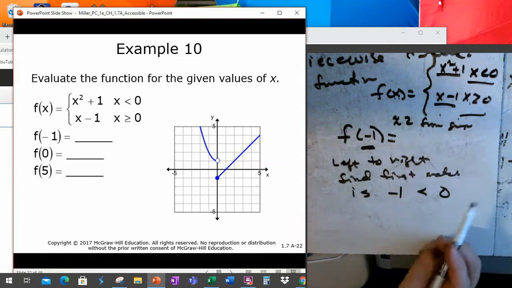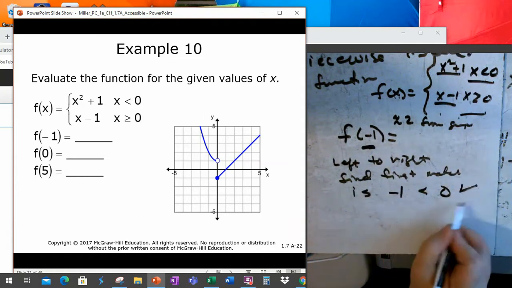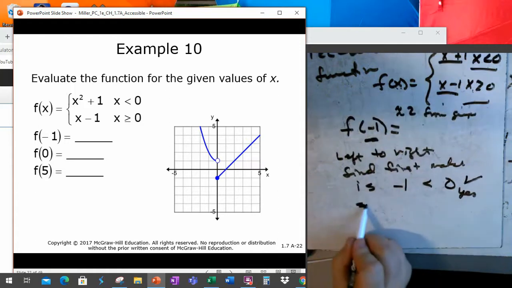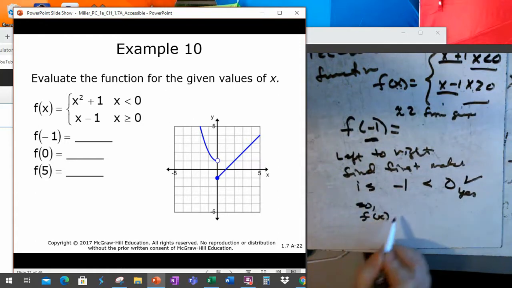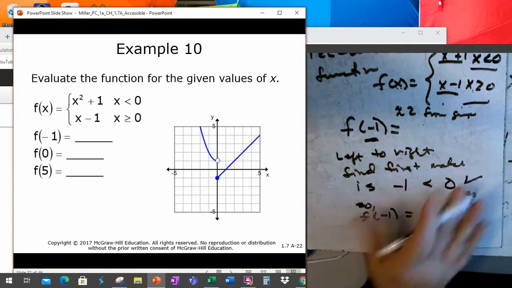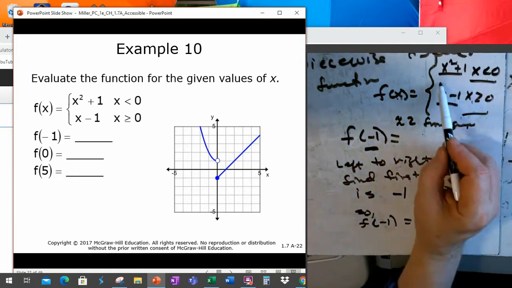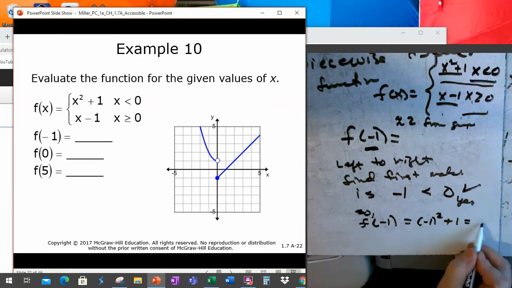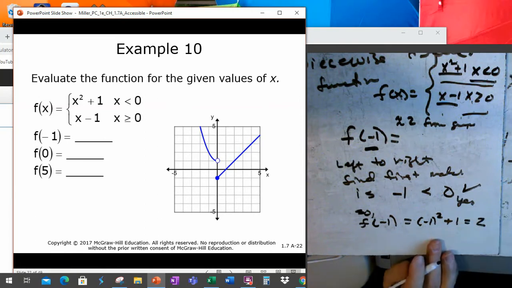Is that less than 0? Yes. So this is the piece that I use. So f of -1, I go up here and use this version of it: -1 squared plus 1, and that is 1 plus 1, that's 2. So that would be the first one.